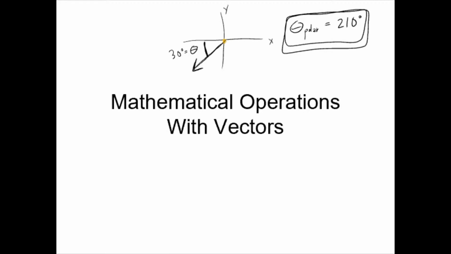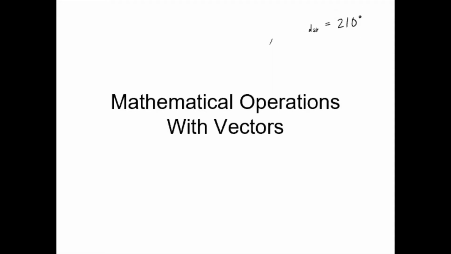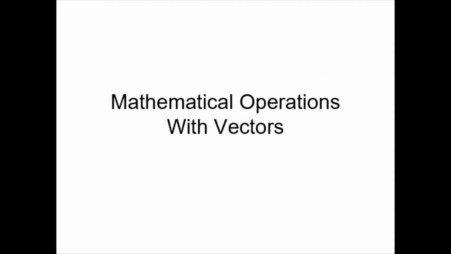Okay? Now, one of the reasons you might be thinking, okay, we've been doing all this work on these vectors and converting them, but what's the purpose of that? Since there's two different ways to indicate a vector, why do I need two different ways? Again, the reason is that when we do mathematical operations with vectors, meaning adding, subtracting, multiplying, dividing vectors, and so on, it's typically easier to do when they're in vector component form.